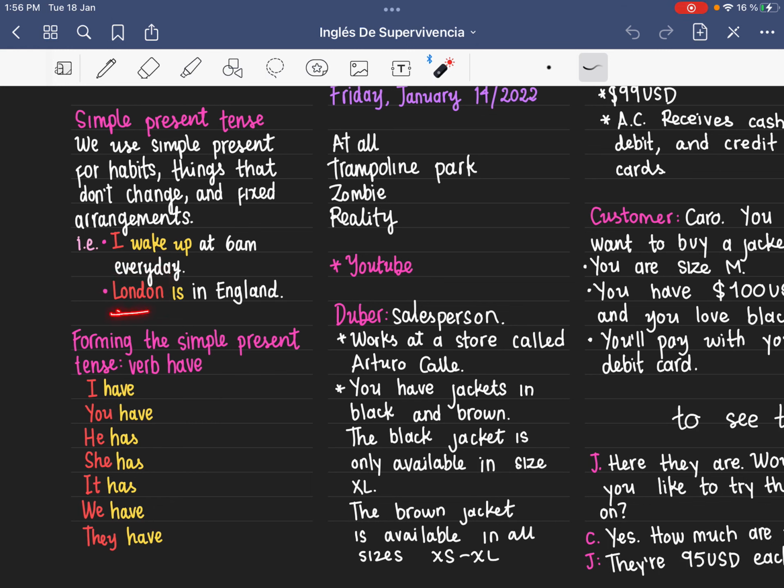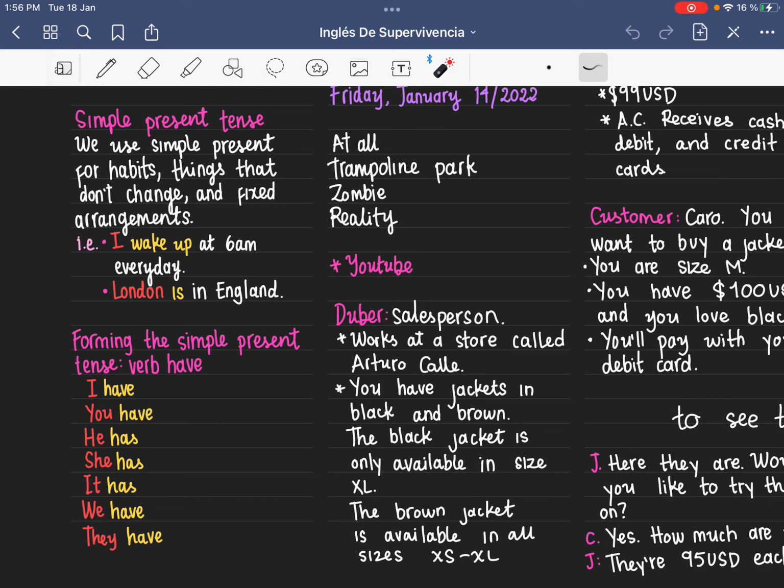Entonces aquí tenemos algo que no es una rutina, es algo que no va a cambiar, al menos en lo que podemos ver de nuestro futuro cercano. Londres ha sido parte de Inglaterra por cientos de años y probablemente va a seguirlo siendo por cientos de años.